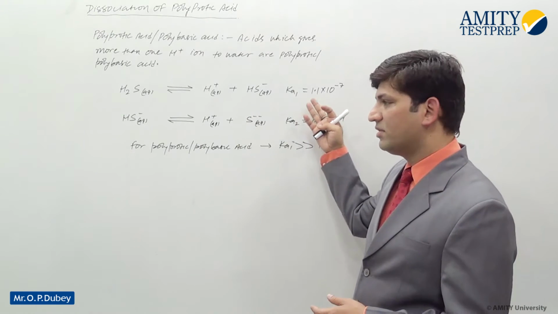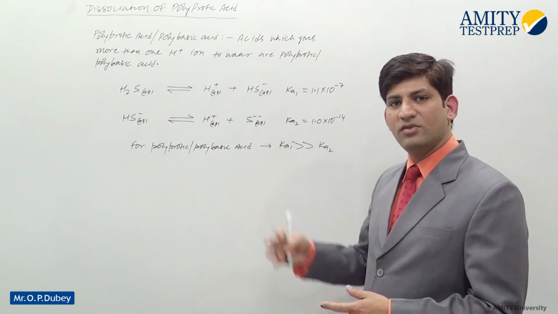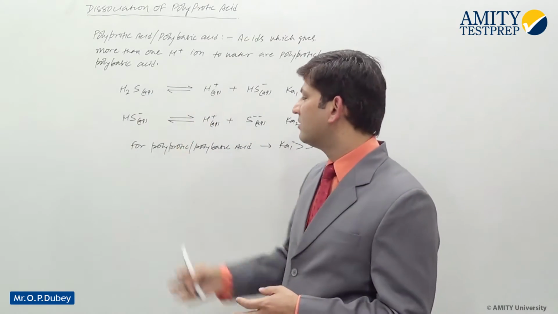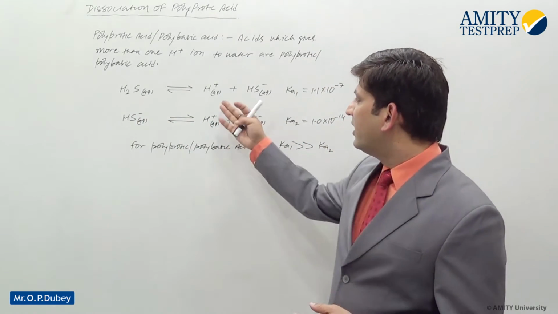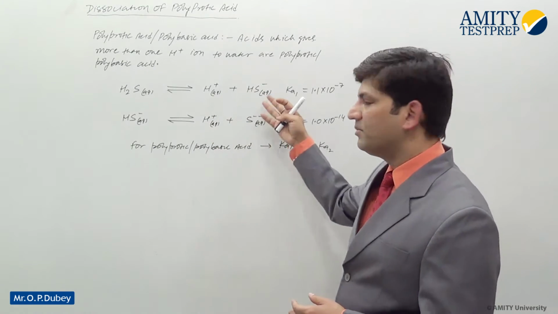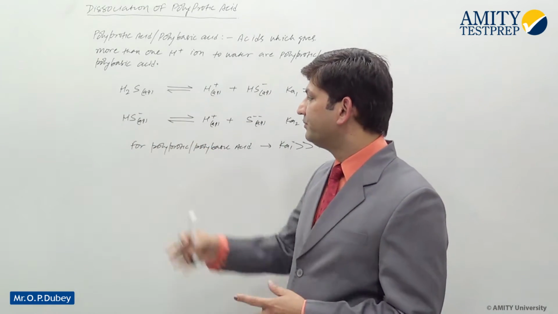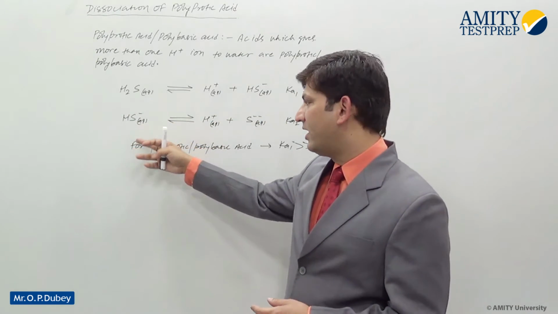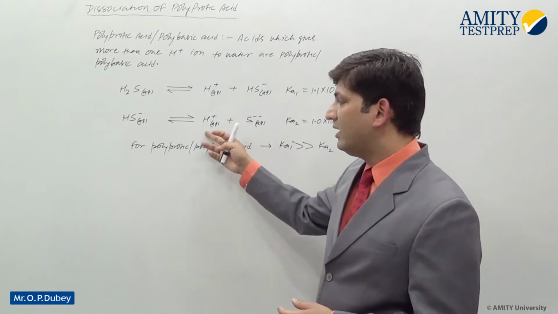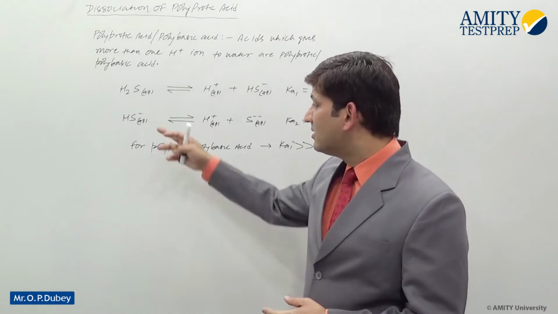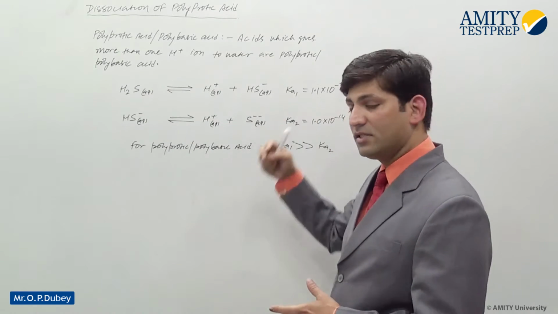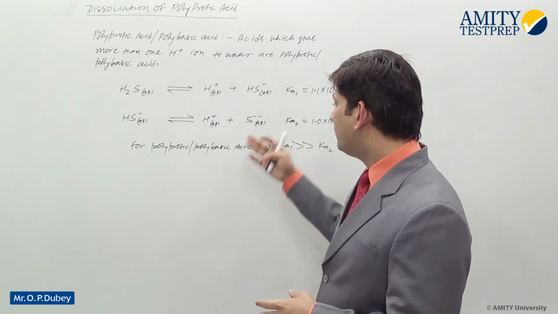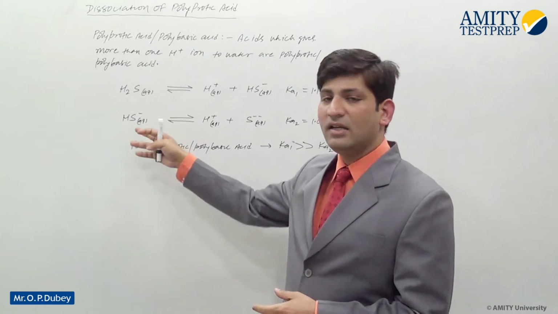The first dissociation constant is much greater than the second. In the first step, H2S, the dibasic acid, gives an H plus ion, a proton, and forms the anion. In the second step, the singly charged anion forms the doubly charged anion by losing a proton. Forming the doubly charged anion from the singly charged anion requires much more energy.